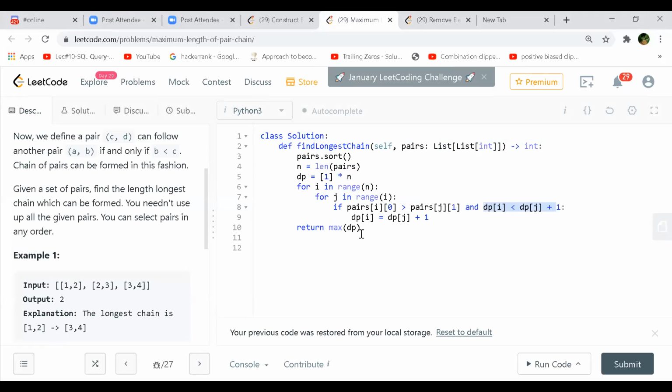Someone was asking, can we write an example test case and go through the code? Do we want to do that? Sure, let's go through that quickly. He is asking whether you can show how this implementation works using a test case.